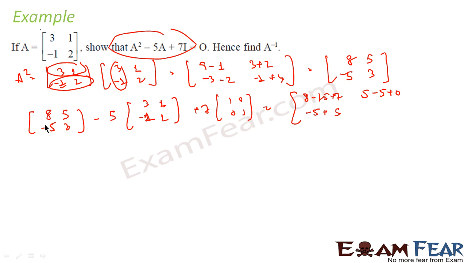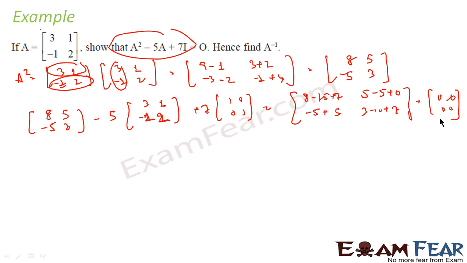This one is 3, minus 5 is minus 3, and this one is 2, 3 minus 10 is minus 7 plus 7. So this is nothing but 0, 0, 0, 0. Correct? So thus we have proved this equation. First part is done. Very simple.